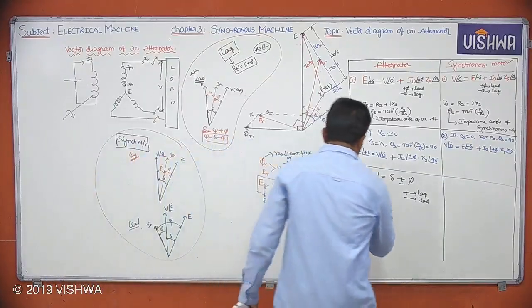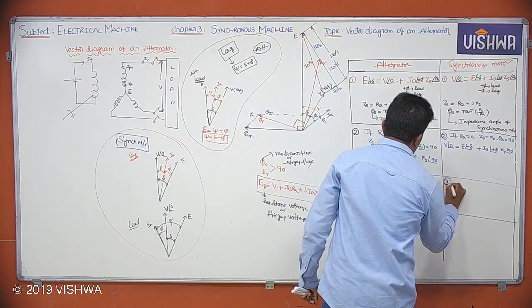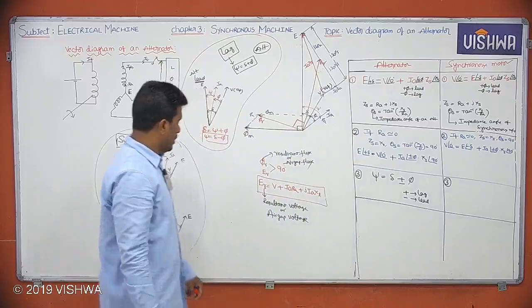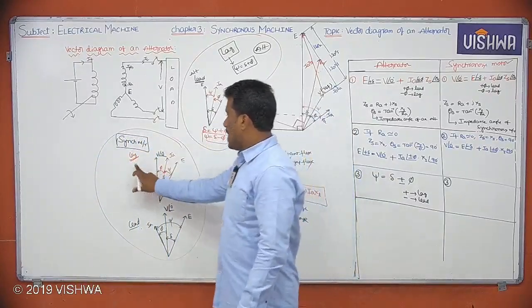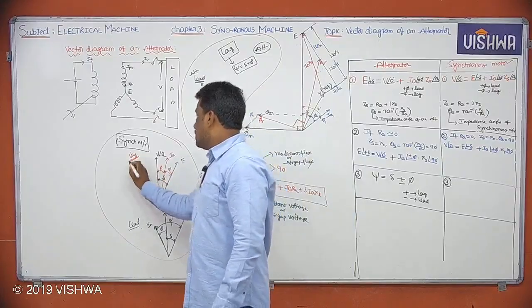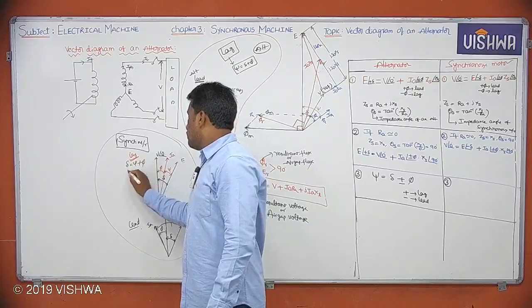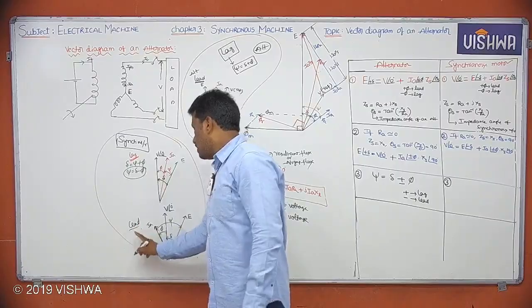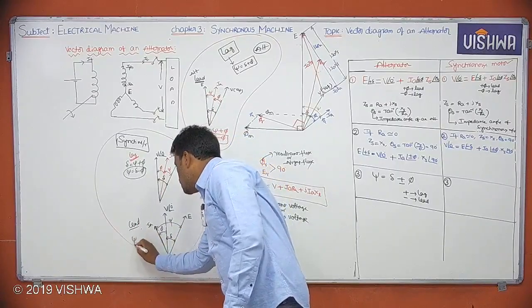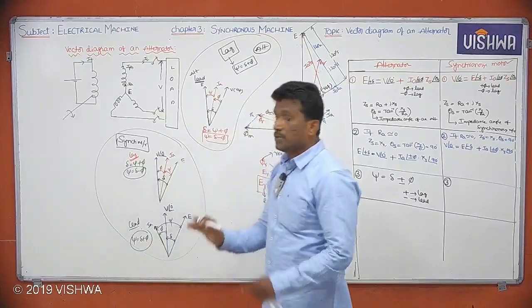Now tell me formula number 3 for synchronous motor. See, for synchronous motor you should see this diagram. Tell me lag loads. So delta equals psi plus pi. From this, psi equals delta minus pi. Here lead loads: psi equals delta plus pi. So observe carefully.